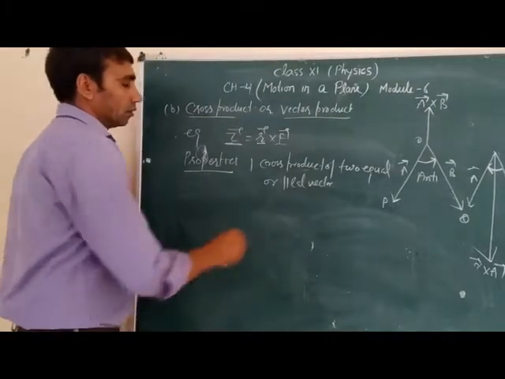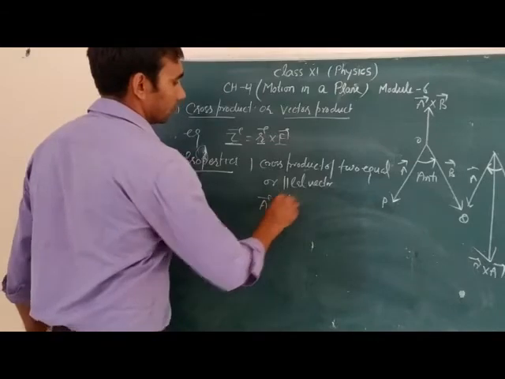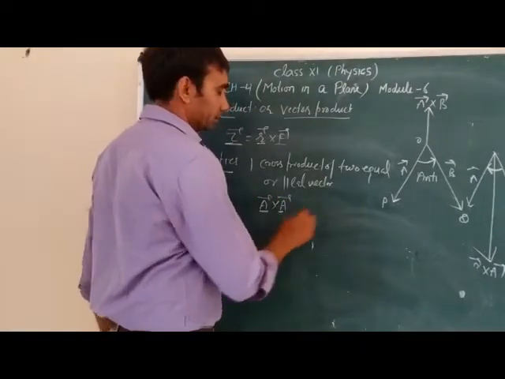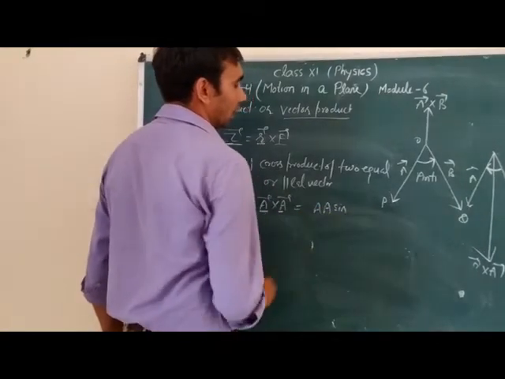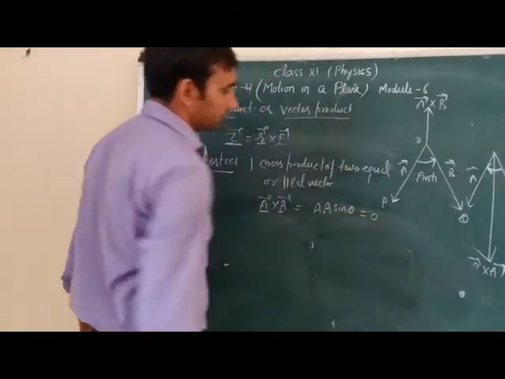Equal vector means A cross A. The magnitude of this is A A sin of the angle between two equal or parallel vectors, 0. Sin 0 is 0.